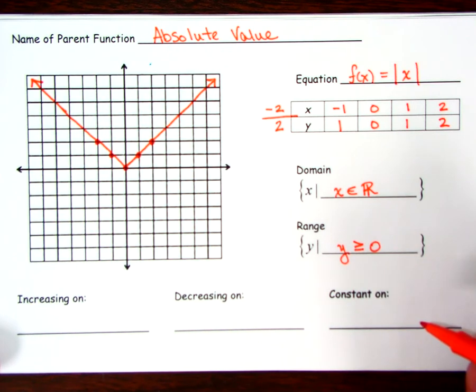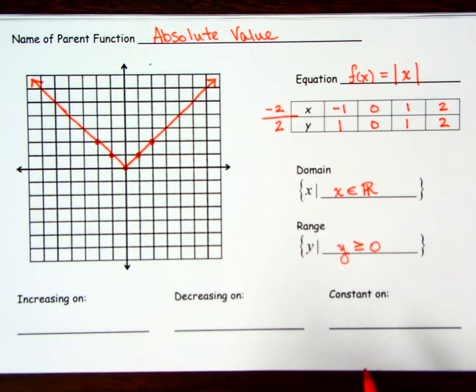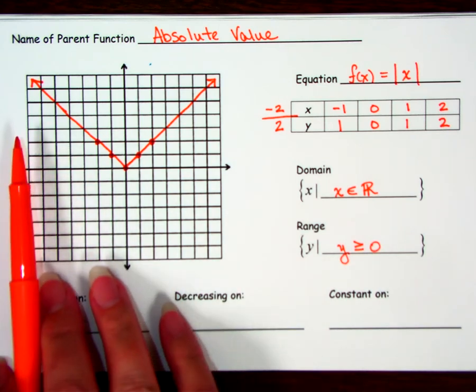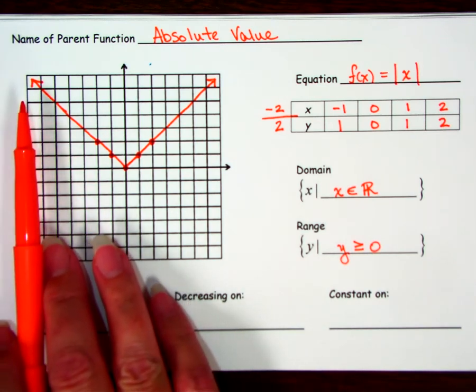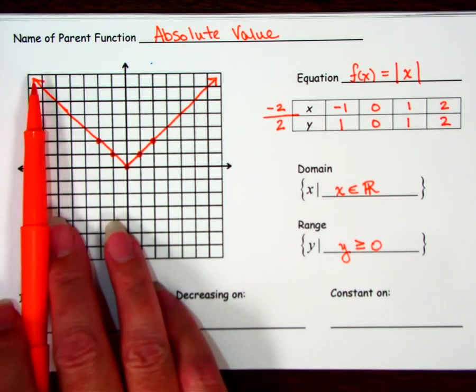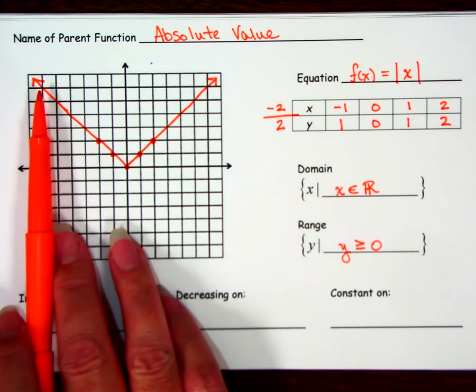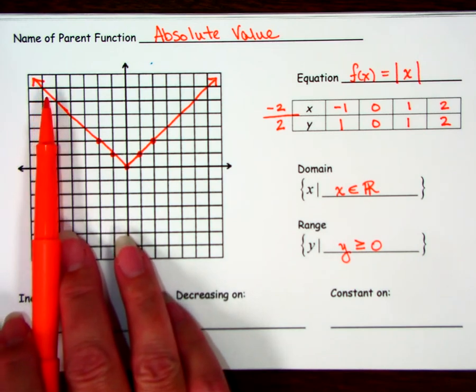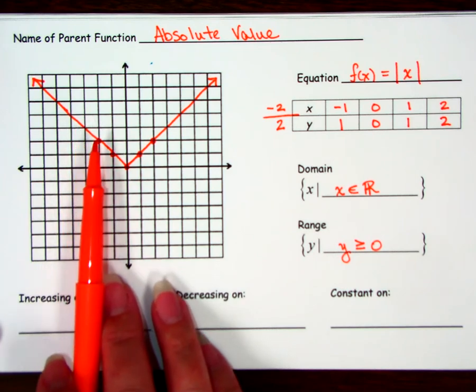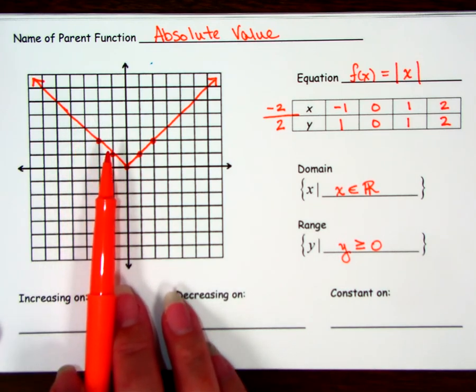Now for intervals where this is increasing, decreasing, or constant, I need to look at the graph from left to right to determine that. So I'm going to start on the left side of the graph, and I'm going to move my pen as far over to the left as I can see here. If my pen's moving up, then it's increasing. If it's moving down, then it's decreasing. And if it's staying the same as I move across the graph, not going up or down, then it's constant.